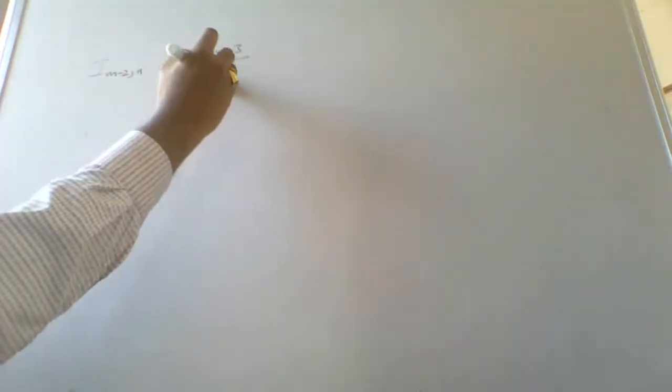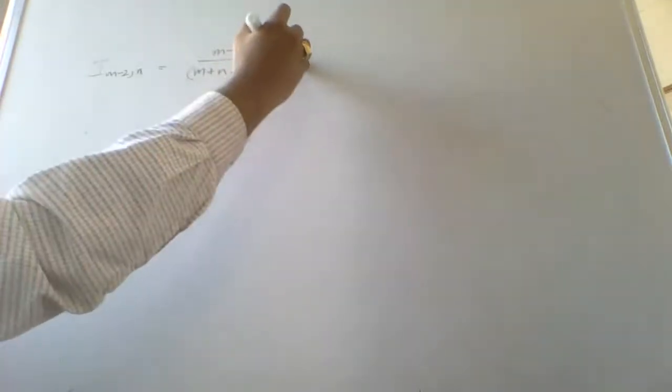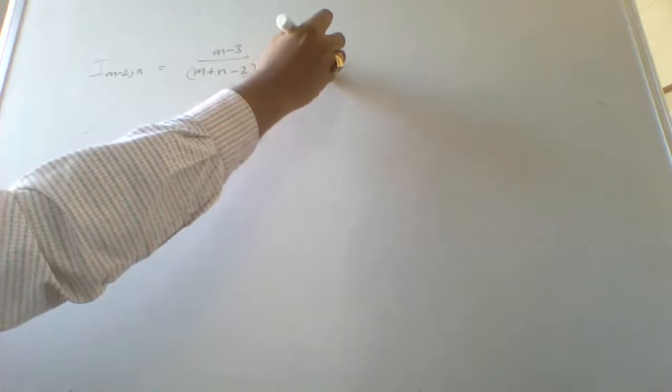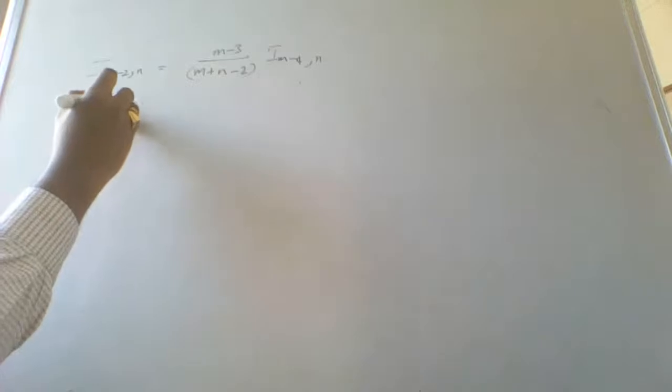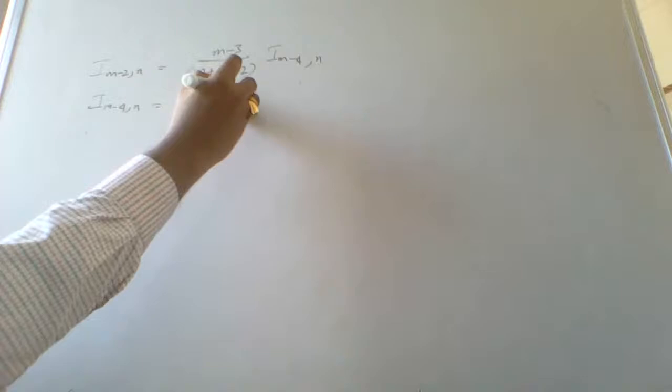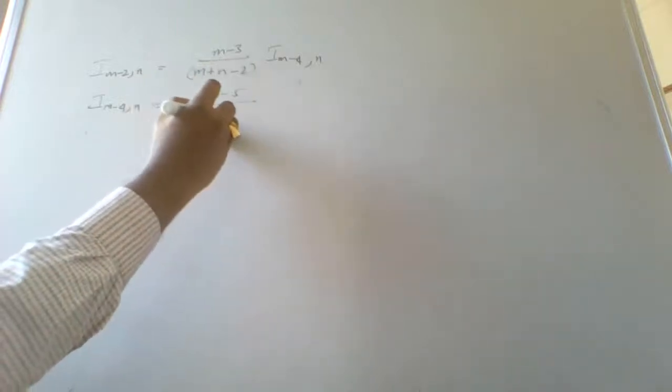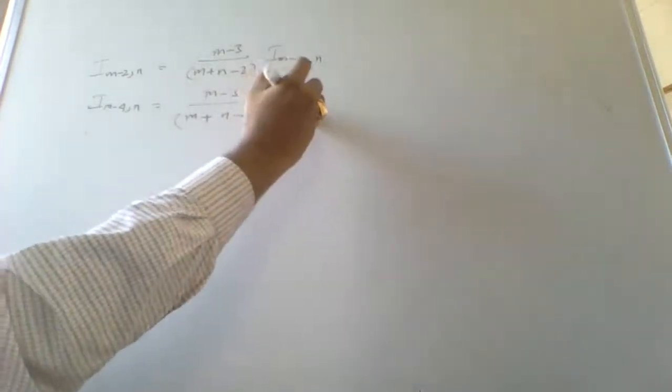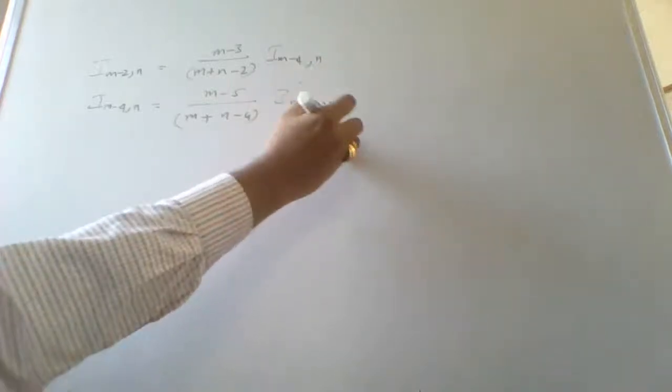That would be m minus 3 divided by m plus n minus 2. For I m minus 4 comma n, again this should be m minus 5 divided by m plus n minus 4, and this is I m minus 6 comma n, and so on.